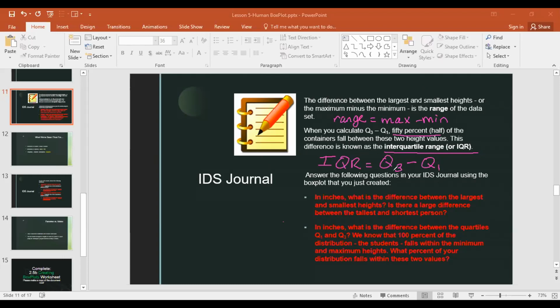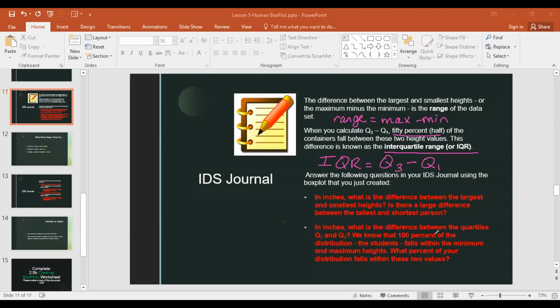Knowing this information, I want you to answer the following questions in your IDS journal, using the box plot that we just created in class. It says, in inches, what is the difference between the largest and the smallest heights? Is there a large difference between the tallest and the shortest person? And then in inches, what is the difference between the quartiles of Q1 and Q3?